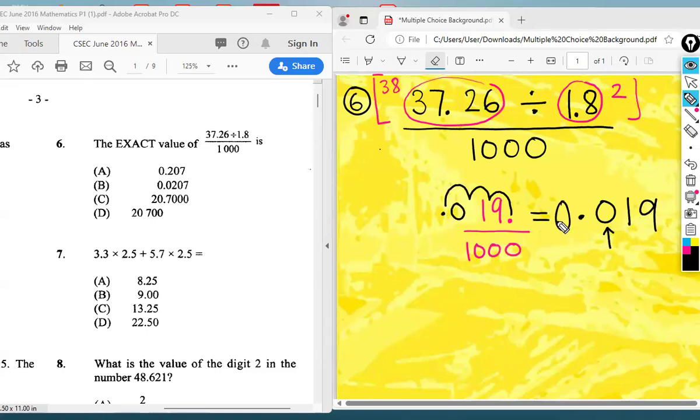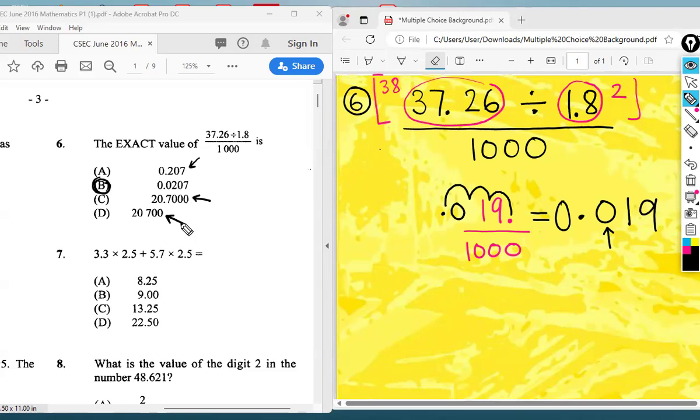Because you need the answer to be 0.0 something at least, right? Which answer is the only one that has 0.0 something after it? In number 6, B, right? That's the only one that makes sense. This one is definitely too large, and this one is just ridiculous.